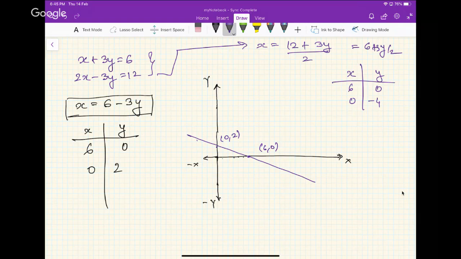Let us plot it. 6, 0 is the same point, and 0, minus 4. So this is 0, 1, 2, 3, 4, and hence the line is something like that.